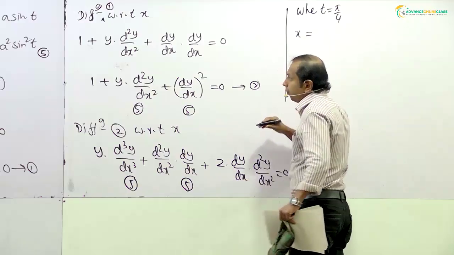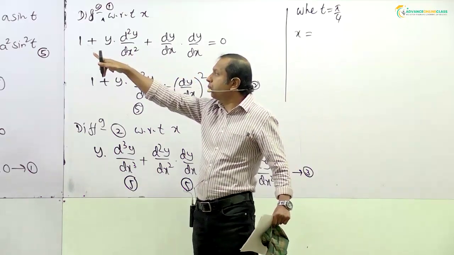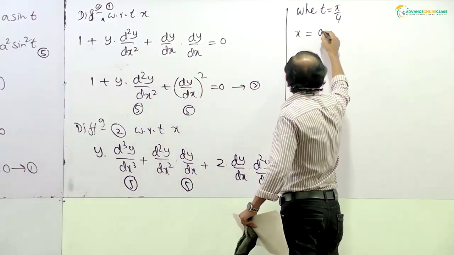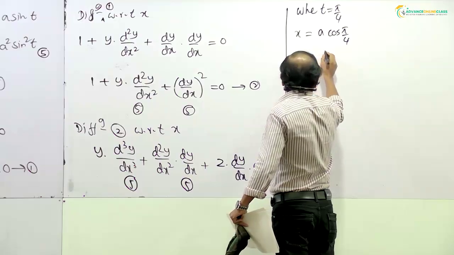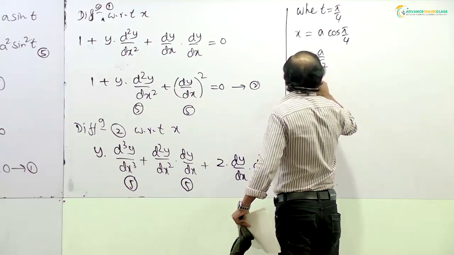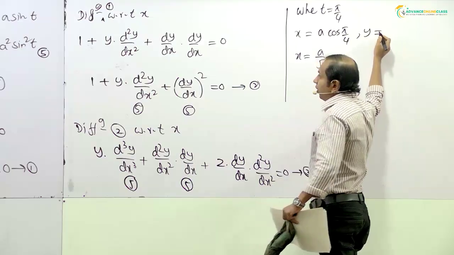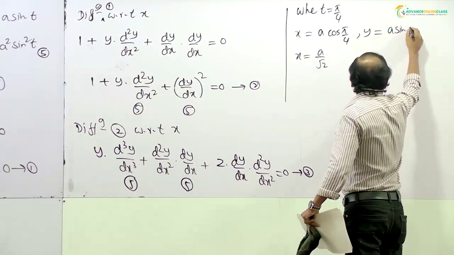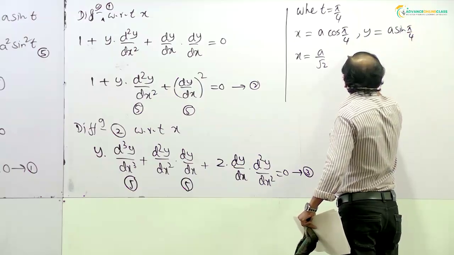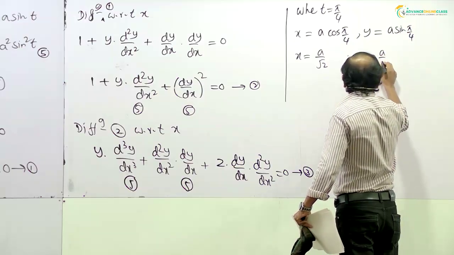What is x? x is a cos t, so a cos pi by 4. Cos pi by 4 is 1 over root 2. You can write y also: a sin t, a sin pi by 4. What is this? a over root 2.